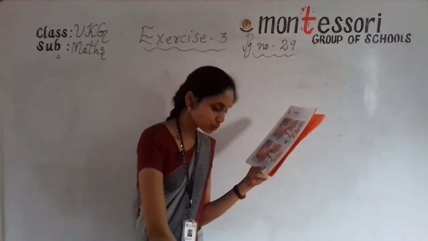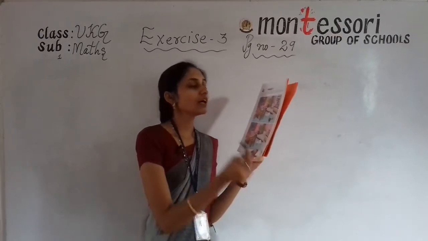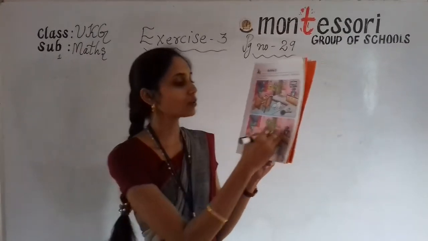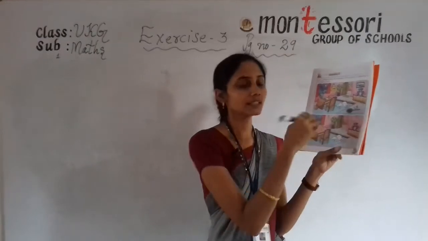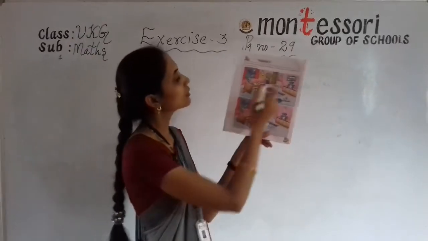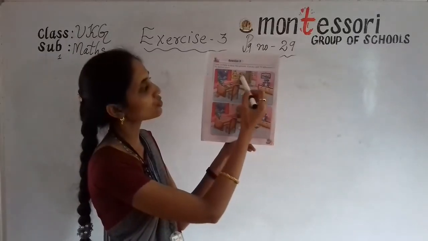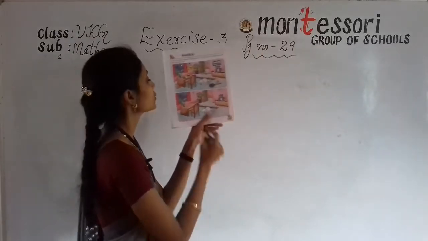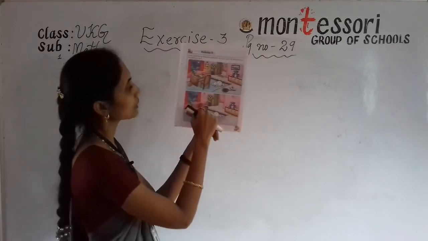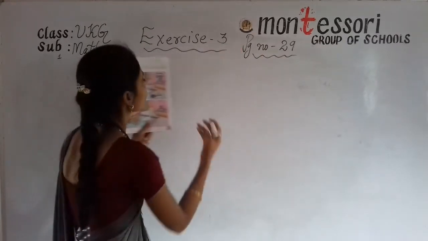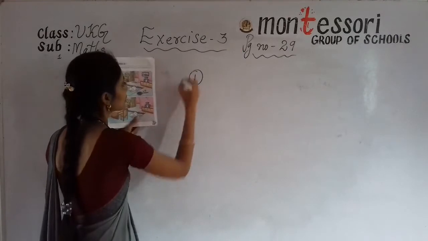So we have to find and count the missing things. First one, can you see the yellow color bag in the first picture? Yes. So in the second picture, in the same place, you have to write number 1.